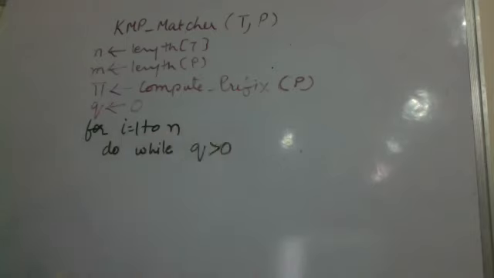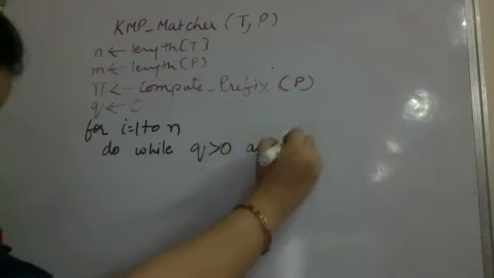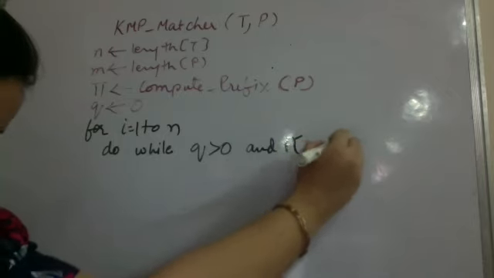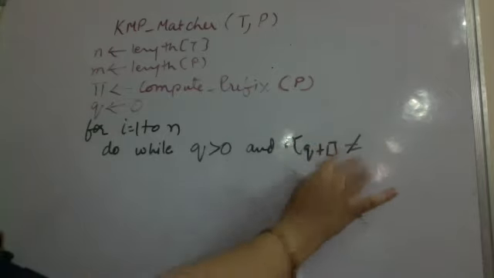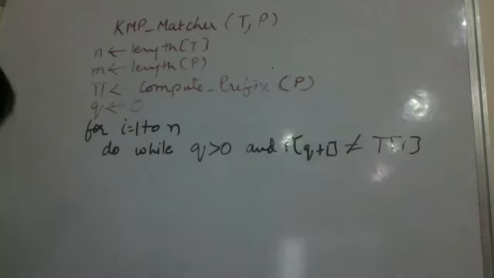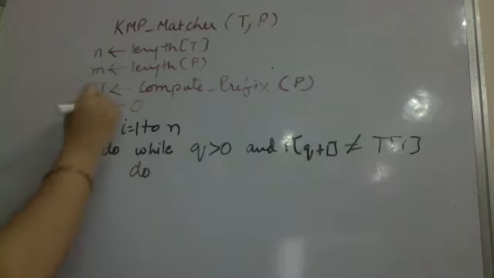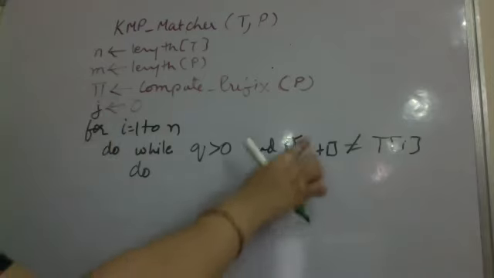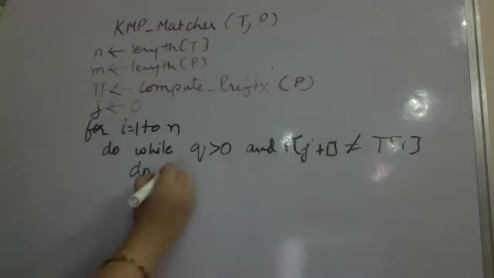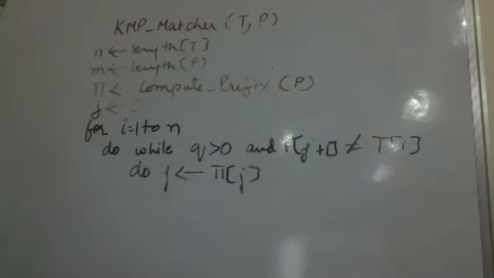Same condition is happening: Q is greater than 0 and pattern of Q plus 1 is not equal to text of I. When this is true, I have to reduce the value of Q. Now if we take J in place of this Q, it will be clear. Let this not be Q, let this be J only. So I reduce the value of J to be equal to whatever value was mentioned in my table, pi of J.